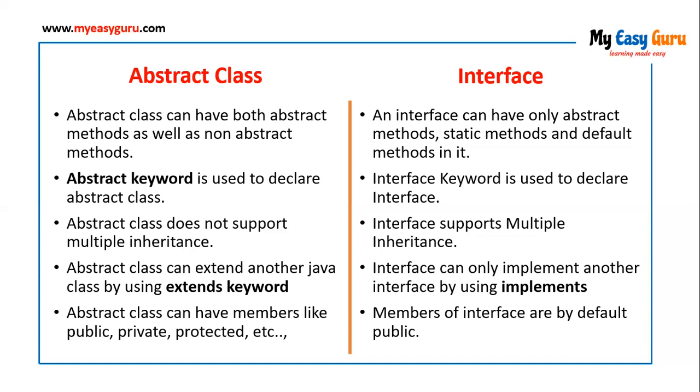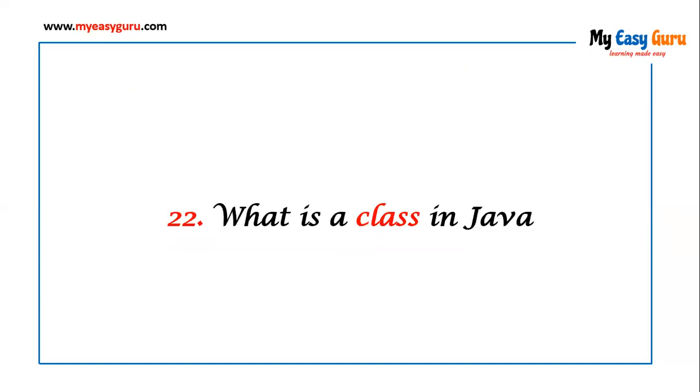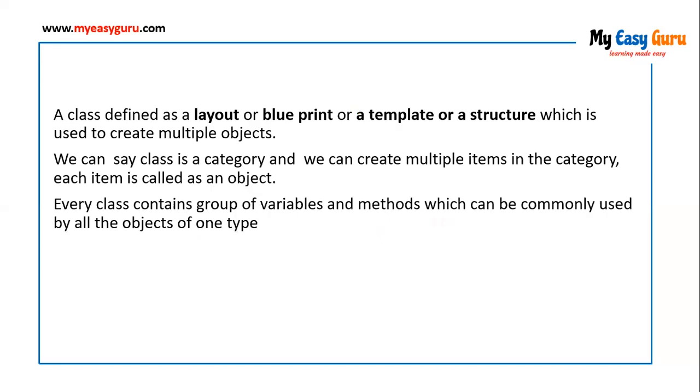The next question is, what is a class in Java? So let's understand. A class is defined as a layout or a blueprint or a template or a structure which is used to create multiple objects.